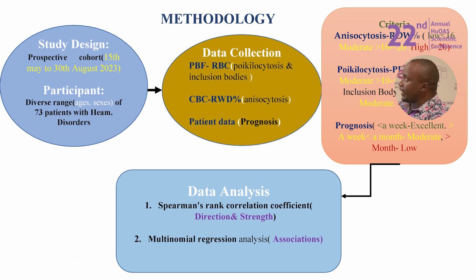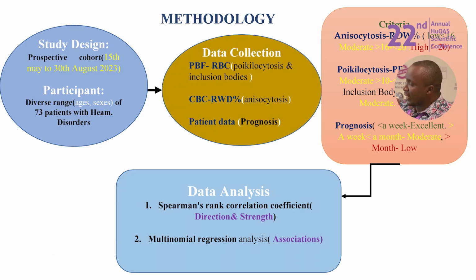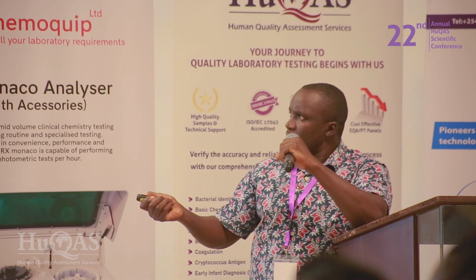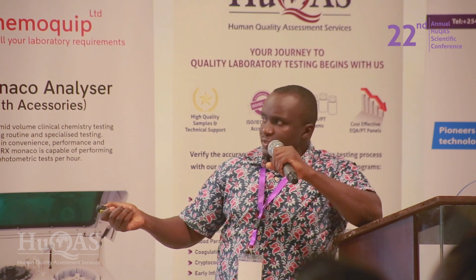Then the criteria for our anisocyte data: when it's low, it was up to 16%, and the moderate was greater than 16. Then we analyzed the data with the Spearman rank correlation coefficients to detect the direction of the contributors to the patient prognosis.